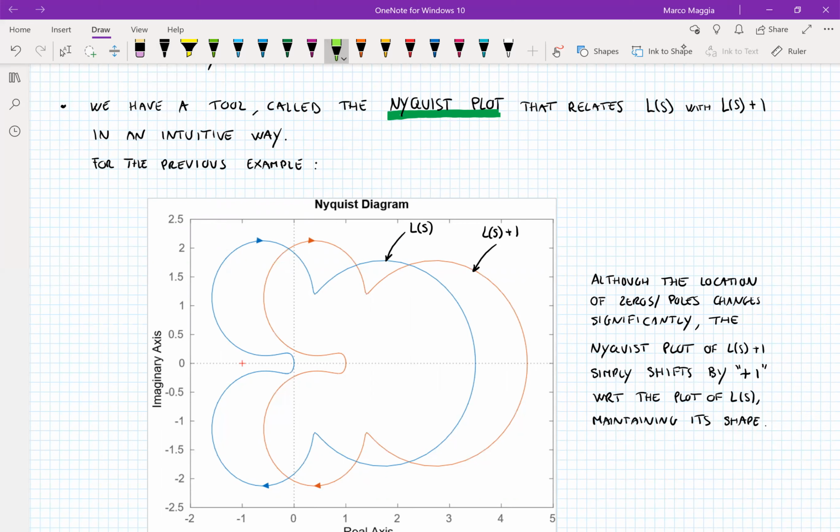So if you take any point on the L of s Nyquist plot and you shift it in the x direction by plus 1, you get the point on the L of s plus 1 Nyquist plot. You can take any point, for instance, here. So you see that it's just a simple translation of the original shape into the new plot.